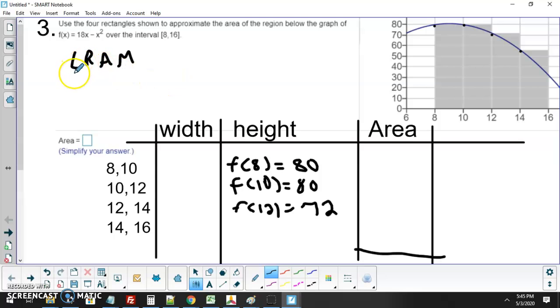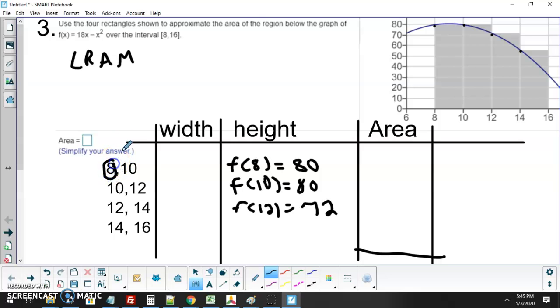When you use the left method, you're going to be using the smaller values of the intervals to approximate the height, because the left corner is what is touching the curve, to determine the height of each rectangle.